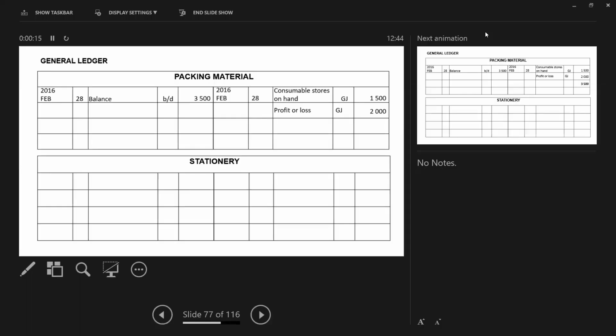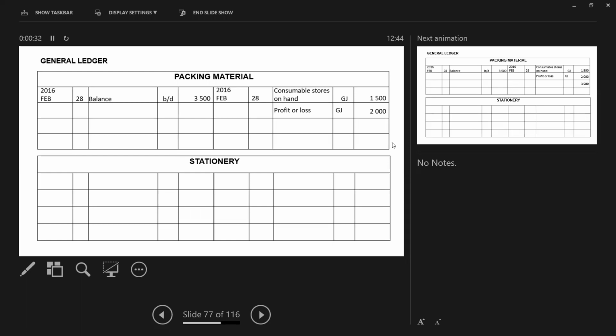Remember, only actual expense incurred will go to profit or loss account, and the actual expense relating to packing material will be 2,000, which is packing material that has been used.